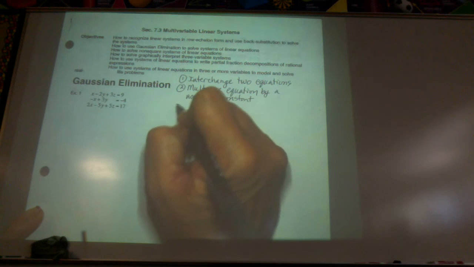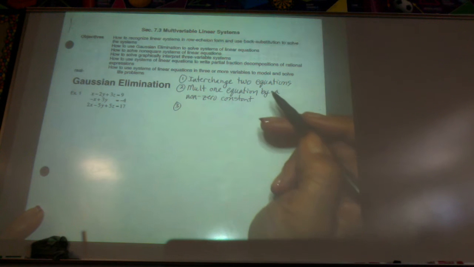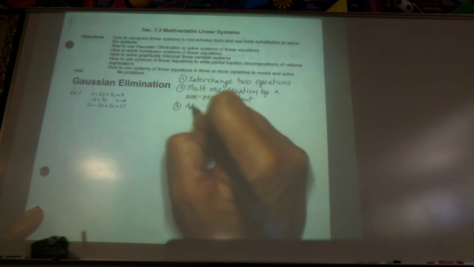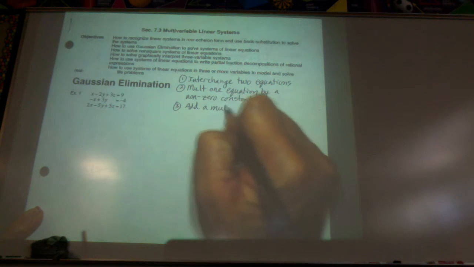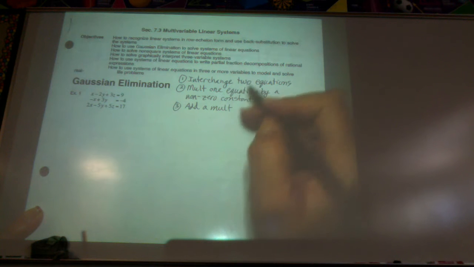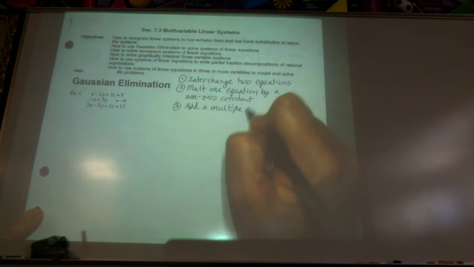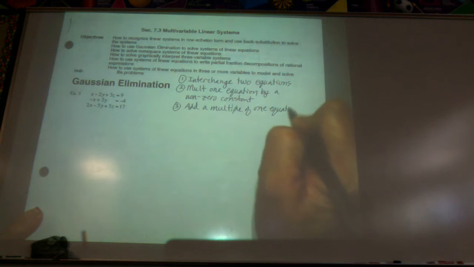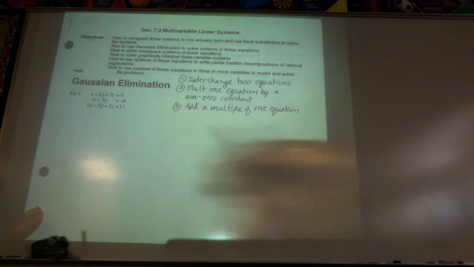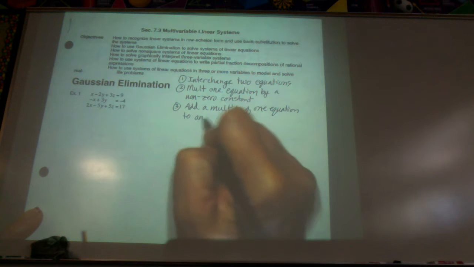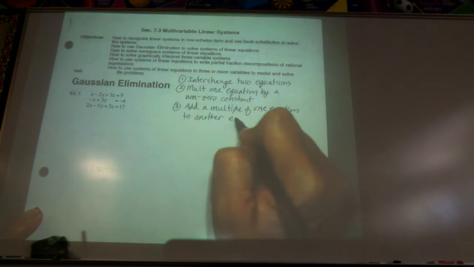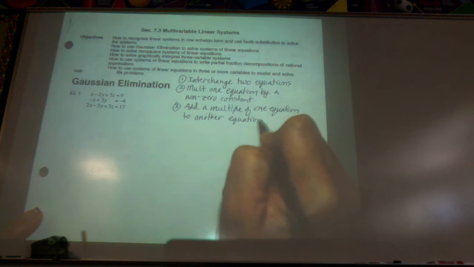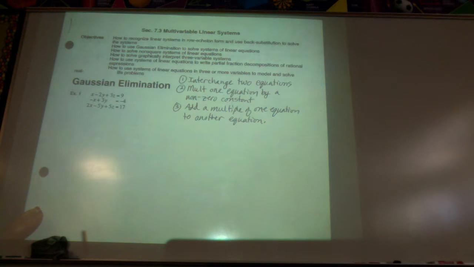And then a third way would be to add a multiple of one equation to another equation. So you're going to use one or more of these.